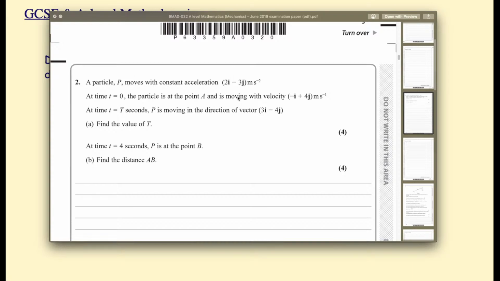To get the magnitude of a vector, you're always going to use Pythagoras, right? Because this vector here, 2i take 3j, represents a right angle triangle.